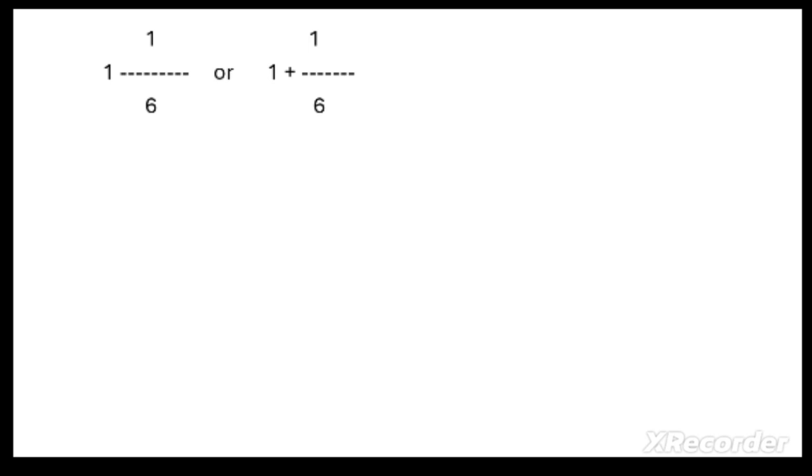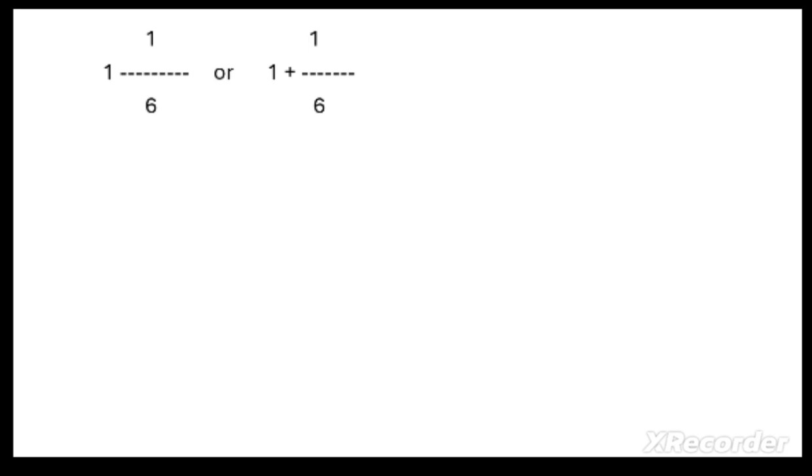Okay, so this is my denominator. So now I have got 1 whole 1 upon 6, or 1 plus 1 upon 6. Okay, fine. Now how we are going to understand this?